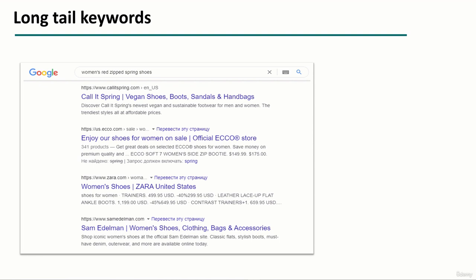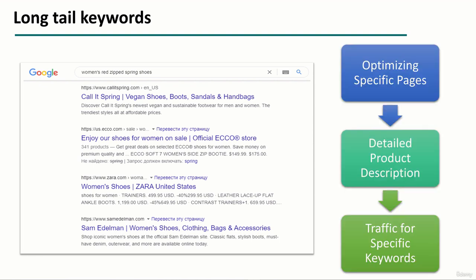What if there was a way to not just attract traffic, but the right kind of traffic, the kind that is genuinely interested in what you have to offer? Consider this. Rather than optimizing your entire site with a broad brushstroke of shoe store, why not paint with a more delicate brush? Optimize specific pages for specific pairs or types of shoes.